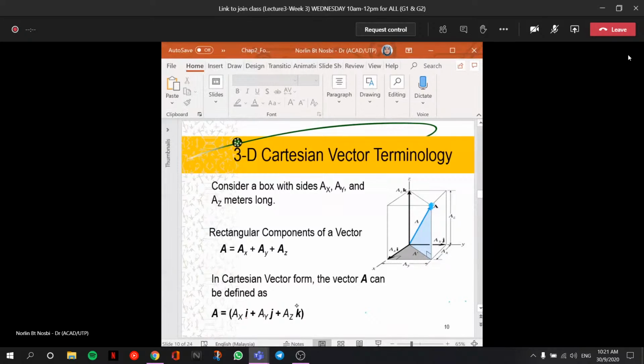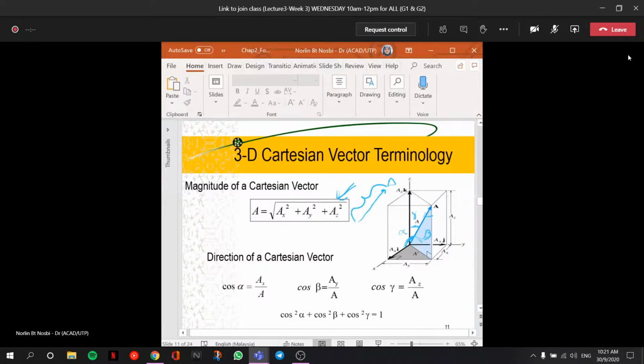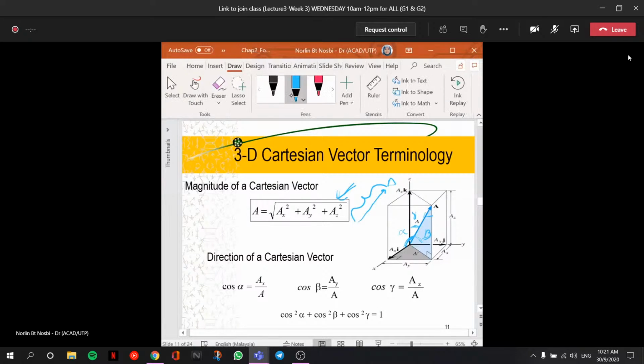So there are three important things. Number one, the Cartesian vector form or the coordinate of the vector. Number two, you need to find the magnitude, which means the value of this vector.